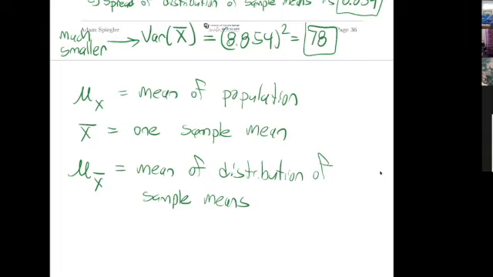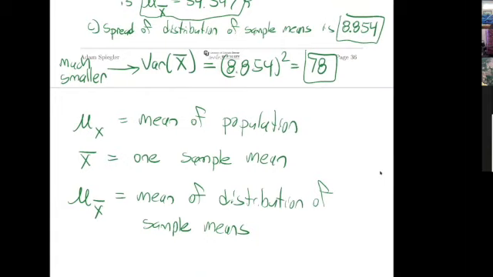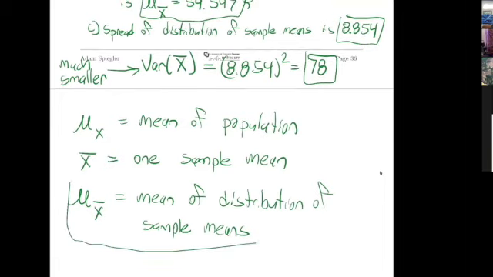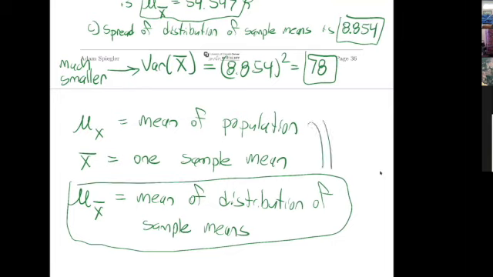We have the mean of the population. We have X bar, used to denote what one single sample mean would be. And then we can think about, if we looked at the distribution of all of these different sample means, where would that be centered? And that's what this is denoting. So we see that the mean of the distribution of sample means is about the population mean.